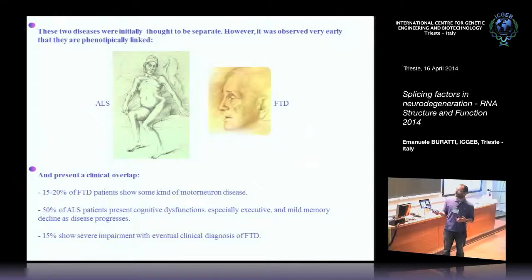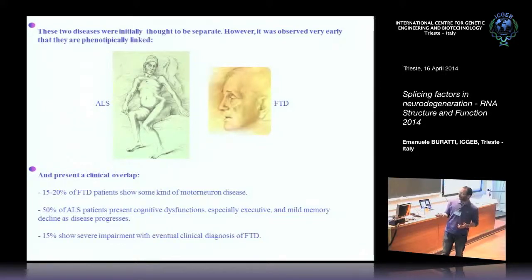Also, when you study people who have FTD for a long time, they were recognizing that 15 to 20% of people who developed FTD were also developing some kind of motor neuron disease. At the same time, it became clear that almost 50% of ALS patients present some kind of cognitive dysfunction, especially at the executive level, and they also showed some mild memory decline.